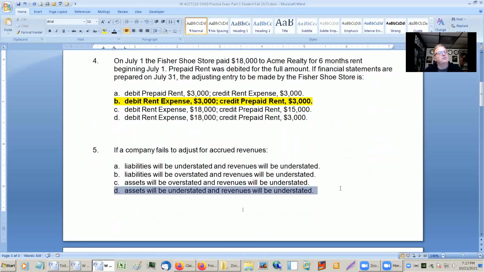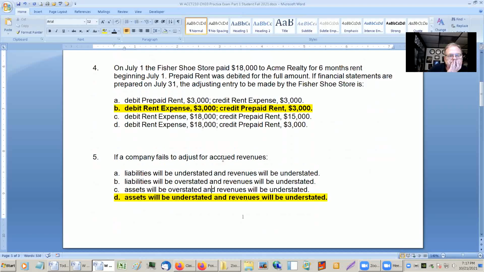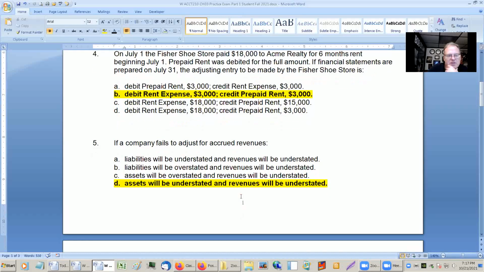Five is D. These are tough. Yeah, so this would be accounts receivable and revenue. So we wouldn't have the accounts receivable and we wouldn't have the revenue, so they'd both be understated.